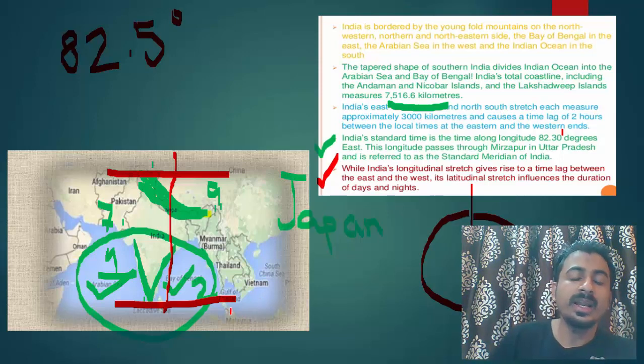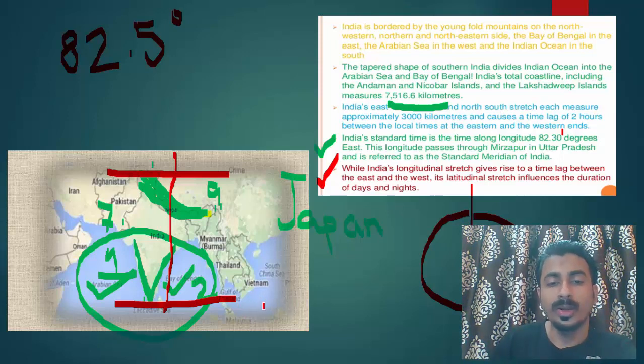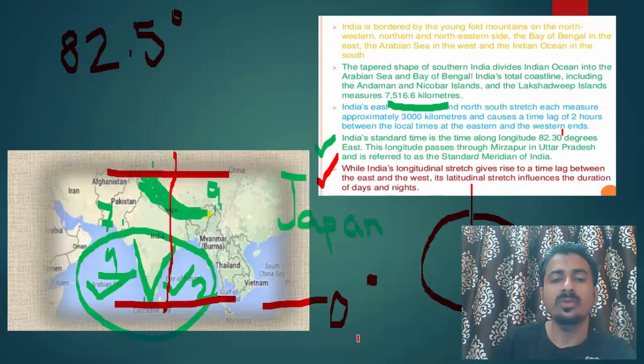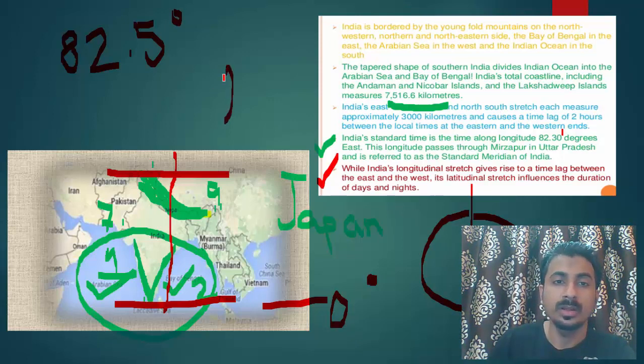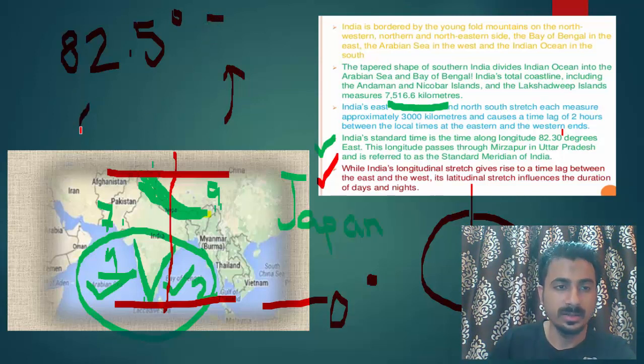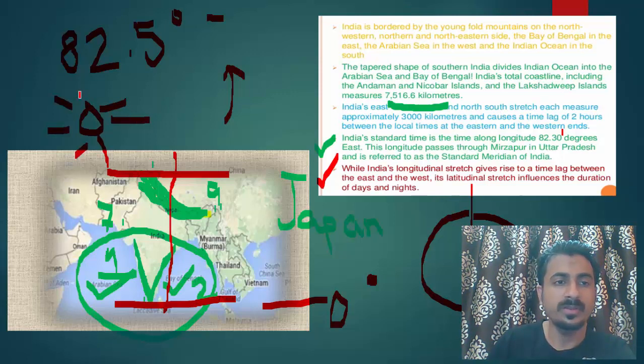So you can say that around equator, around 0 degree, the days and nights are almost equal. You must have heard this. But as we go north, the duration of day decreases depending on where the sun is, in southern hemisphere or in northern hemisphere. I will explain this to you.